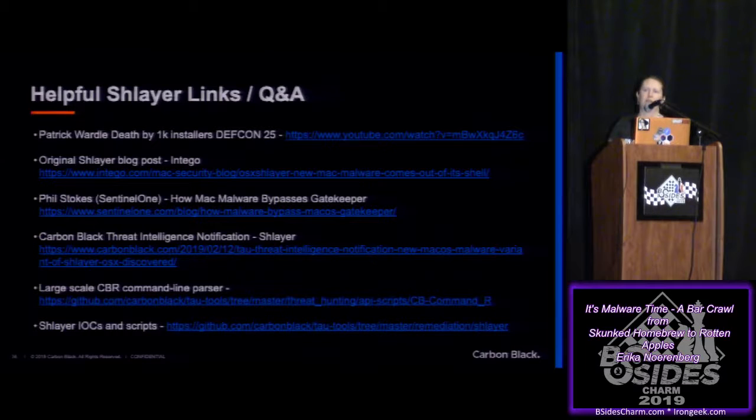He wrote a script that, if you have this in your environment and you happen to be running CBR, will go out and pull it all and mitigate it for you. So all of the IOCs and scripts are up on our GitHub. There will be a bigger blog post coming out shortly after this that goes into more of the detail that I mentioned today.